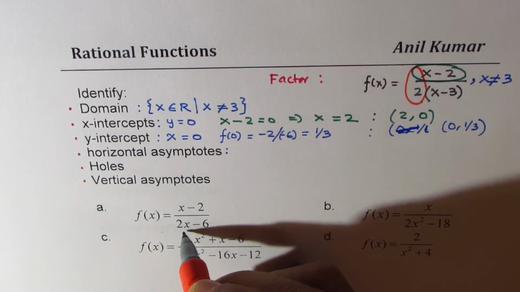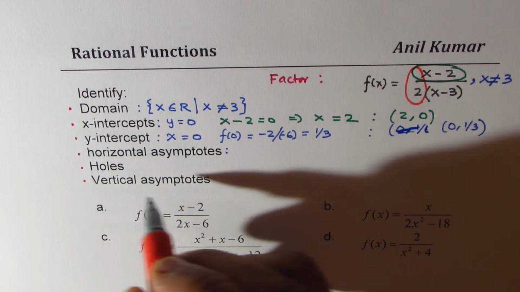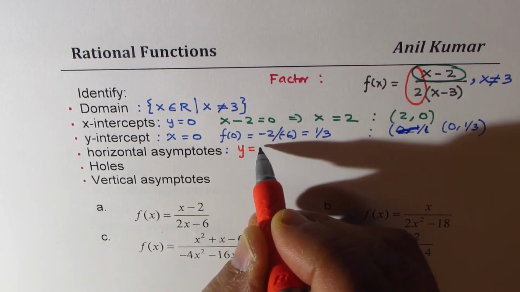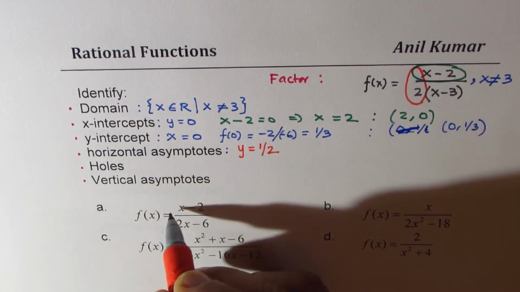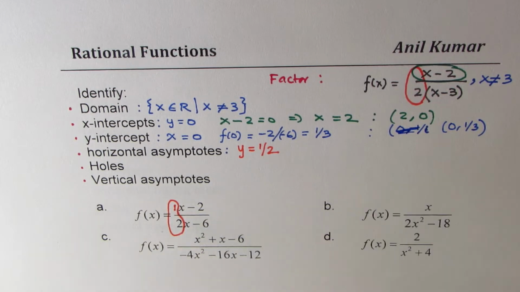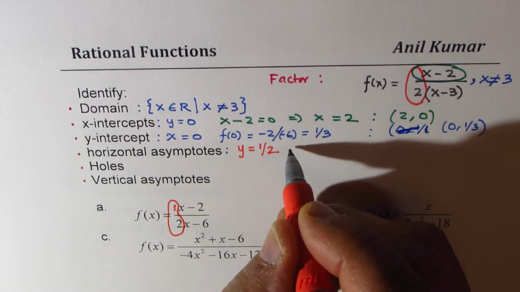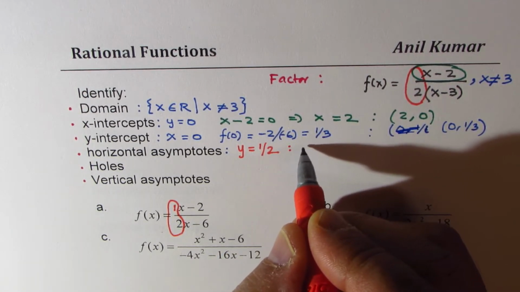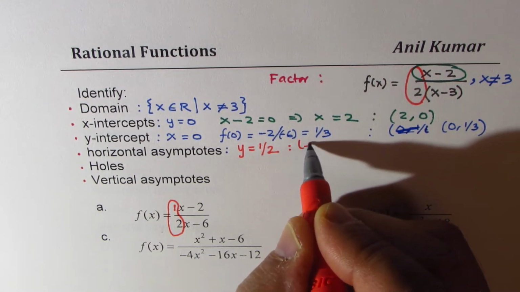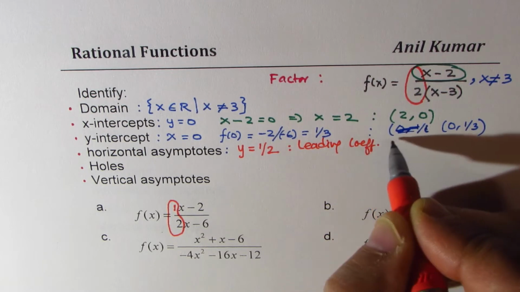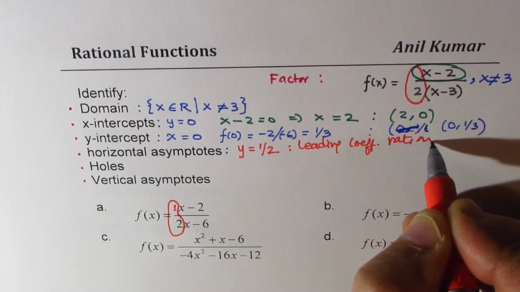So basically this is 1 and 2, so the horizontal asymptote is y equals half. So think like this, 1 and 2, right? We are looking for this ratio for the horizontal asymptote, which is the ratio of leading coefficients. When we have the same degree, we have the leading coefficient ratio.